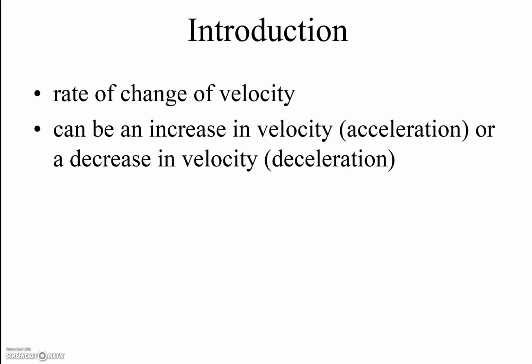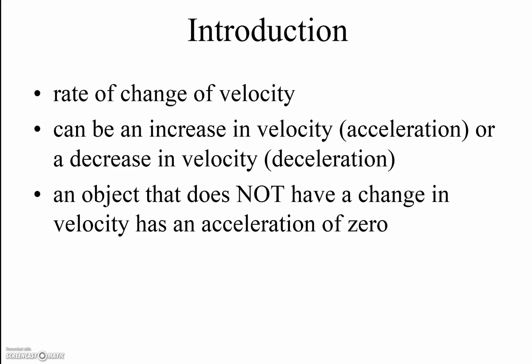So if we say we have an increase in velocity and we know how much that increases over time, that's our acceleration. And if we know how much a car is slowing down over time, we know what its deceleration is.